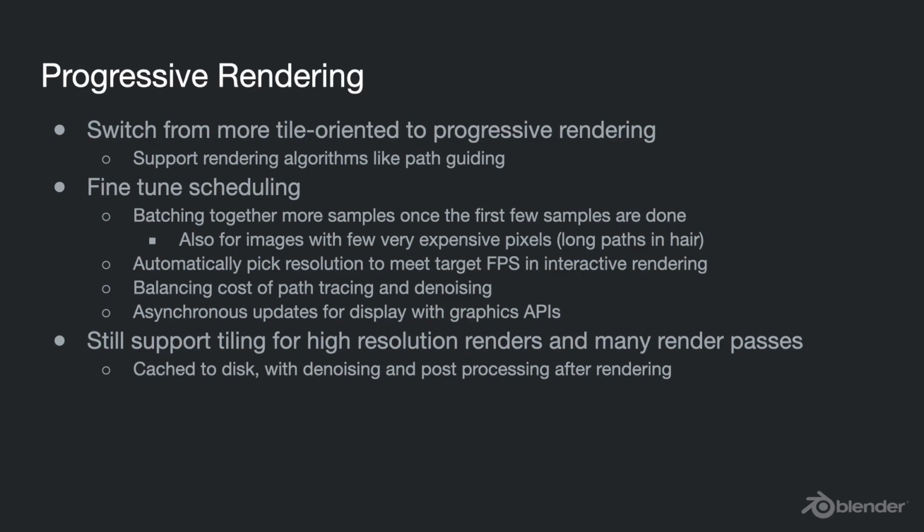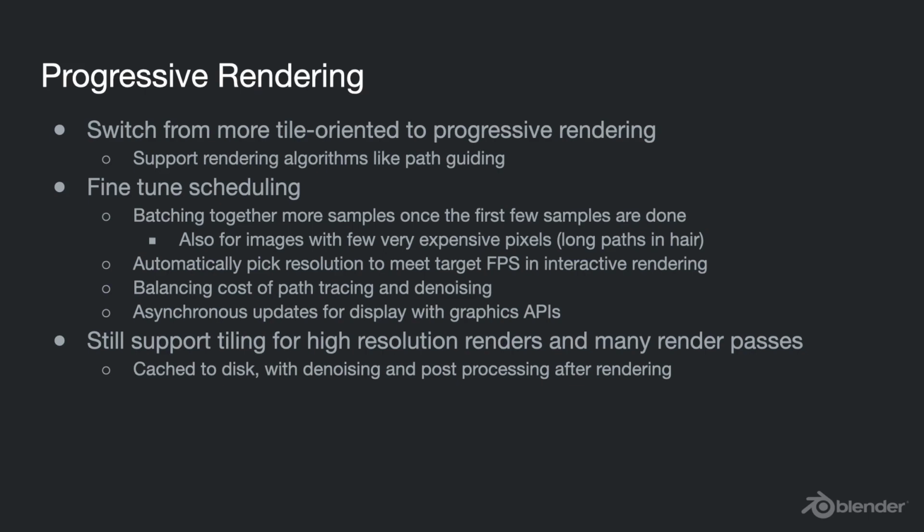If you do it tile by tile, it's not particularly efficient. And so in order to make this type of progressive rendering more efficient, we also made a number of changes. So one thing we do is, we first start by showing one sample at a time for the first few samples, but then as we get further, we do less frequent updates and we batch together a whole bunch of samples, which improves coherence on the GPU.